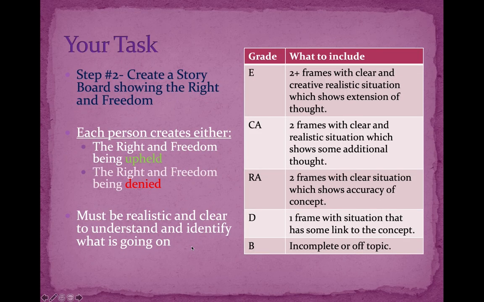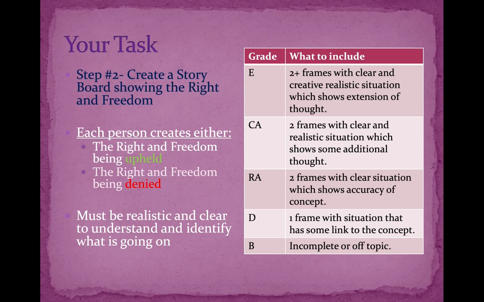Okay, so now step two, which we did yesterday, is creating the storyboard. And it needs to show the right or freedom. Each person, again, is creating either the right or freedom being upheld. So that means it's being positively shown. Yes, there are democratic rights which are being upheld in this situation because of what's happening.